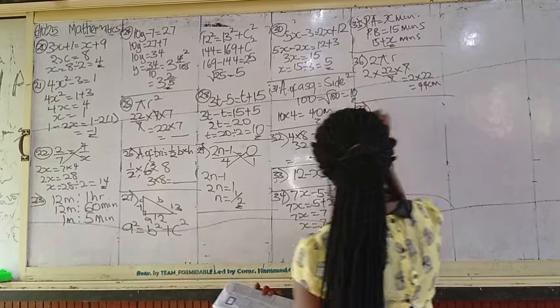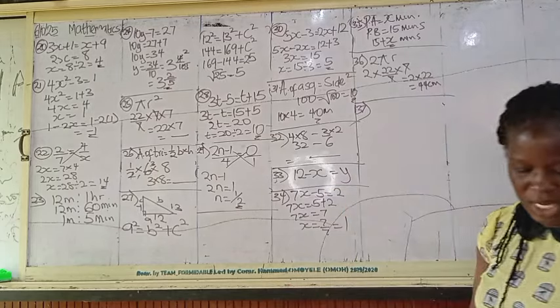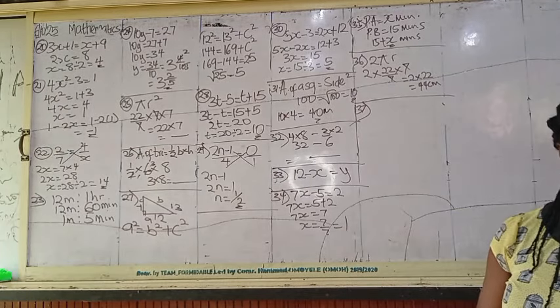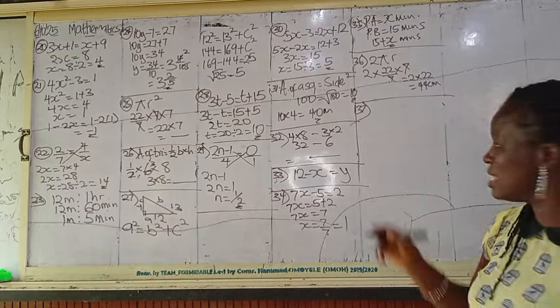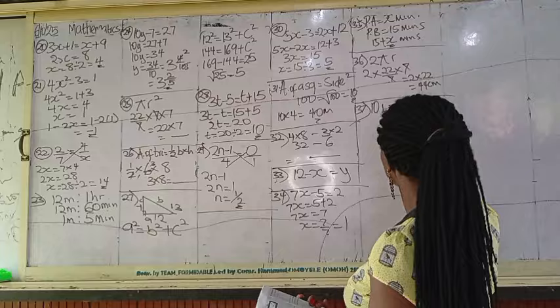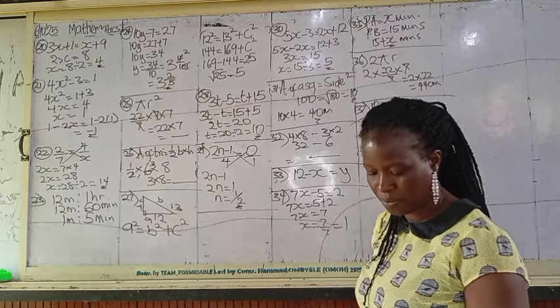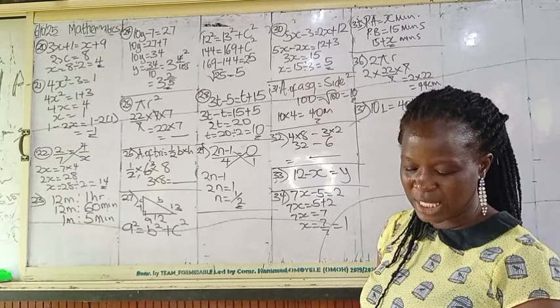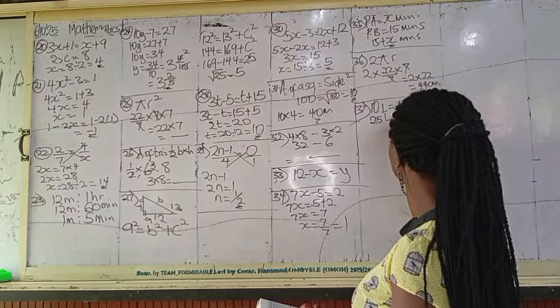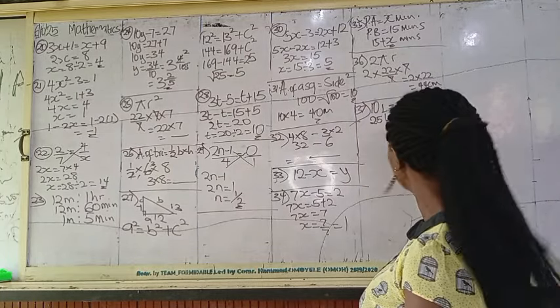Number 37 question. A car uses 10 liters of fuel for a journey of 40 kilometers on the average. What distance will 25 liters cover? We don't know the distance it will cover.